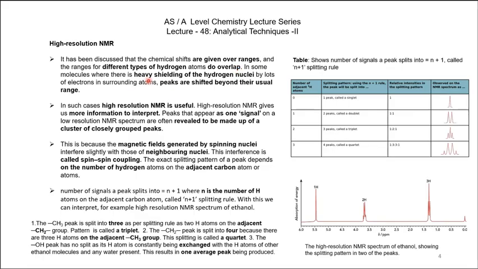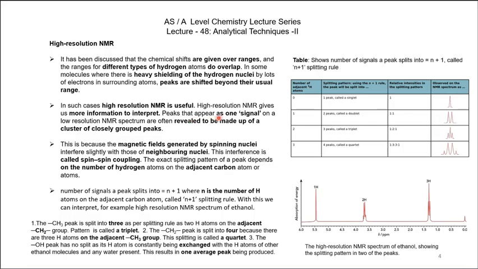In some molecules, there is heavy shielding of hydrogen nuclei by lots of electrons in surrounding atoms, so peaks are shifted beyond their usual ranges. In such cases, high resolution NMR is useful, and it gives us more information to interpret.